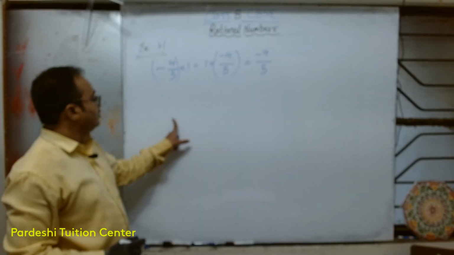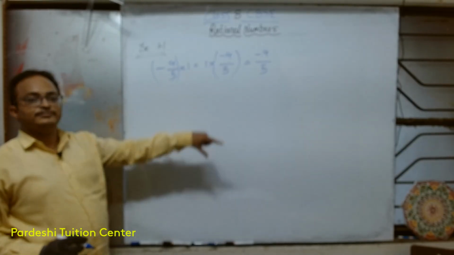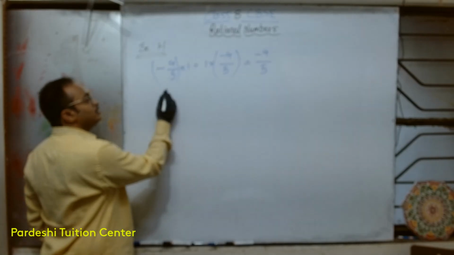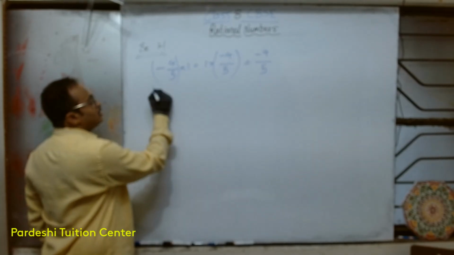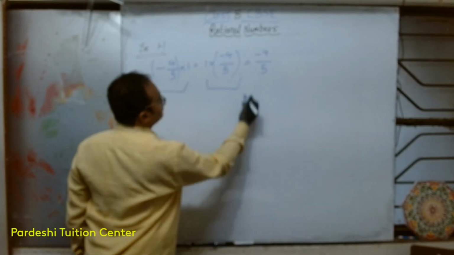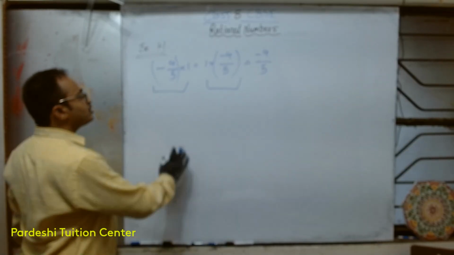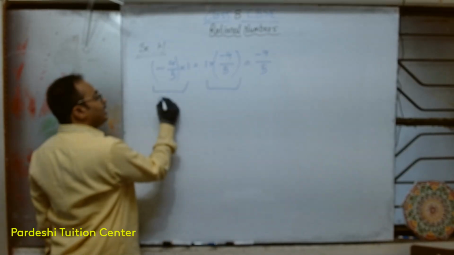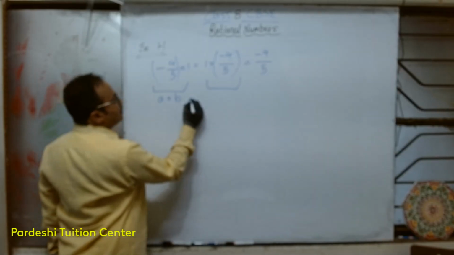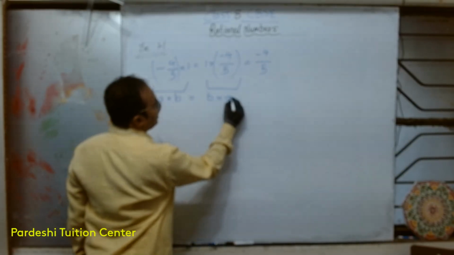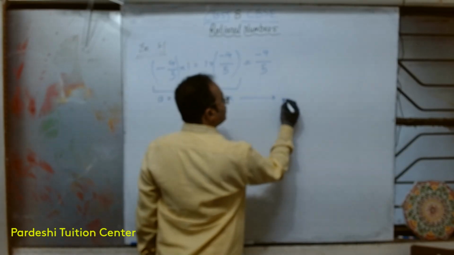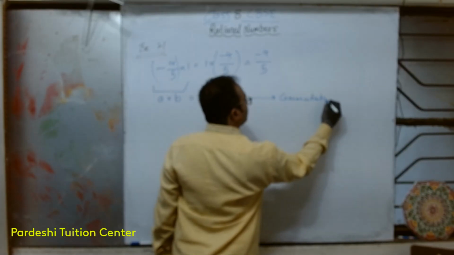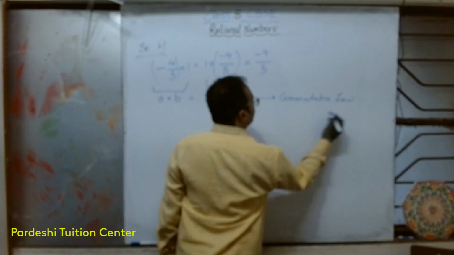Here there are actually two identities used. If you just consider the first two, they are saying that A multiplied by B is equal to B multiplied by A. That is the commutative law of rational numbers.